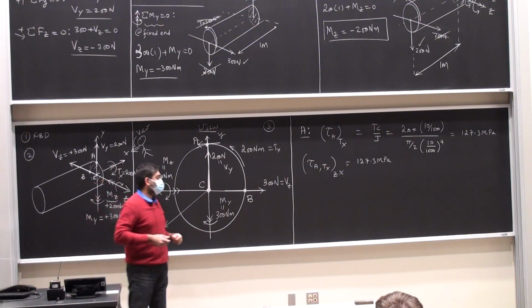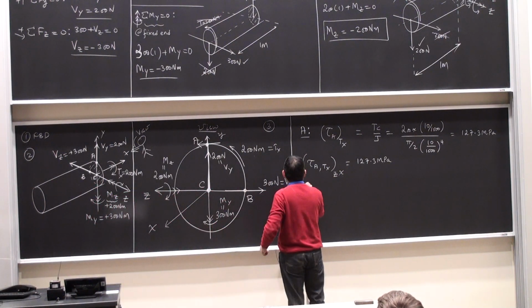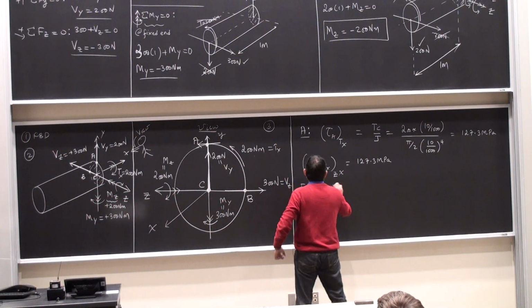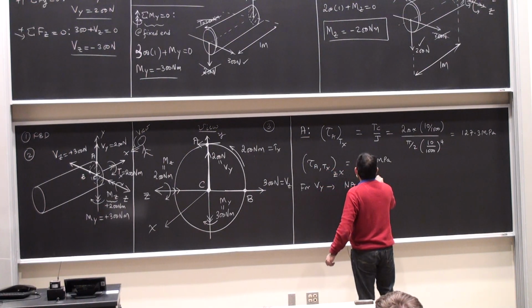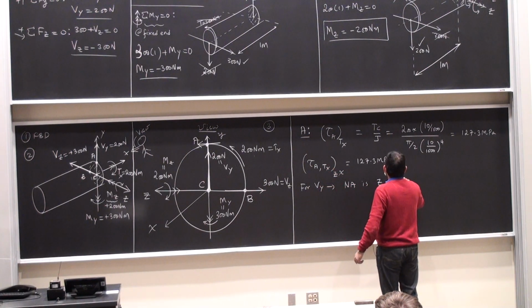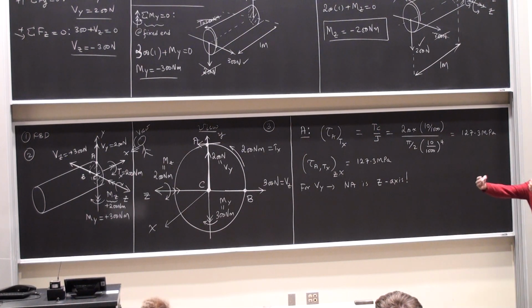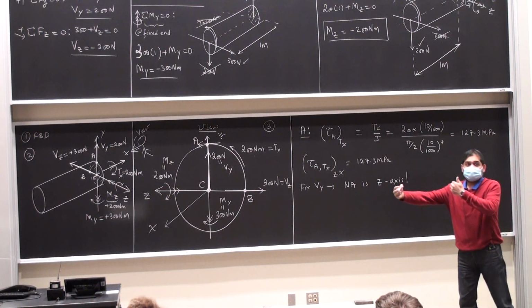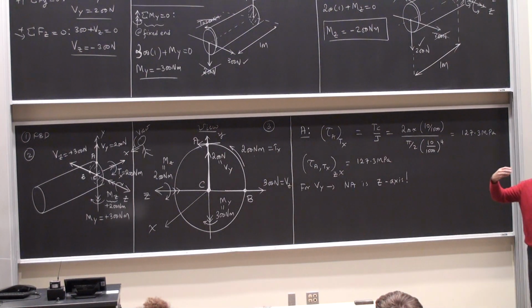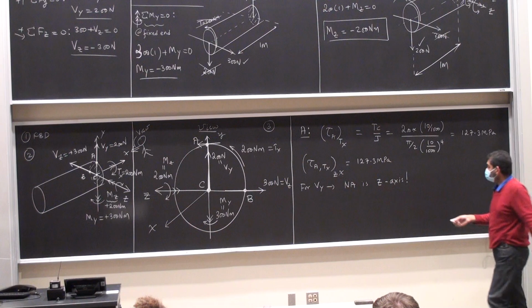I want to walk you through these steps one more time. So for force Vy, neutral axis is the z-axis, which means whatever points are on the neutral axis will see the maximum shear stress. Point A is on the outer side of the circumference for the force Vy.